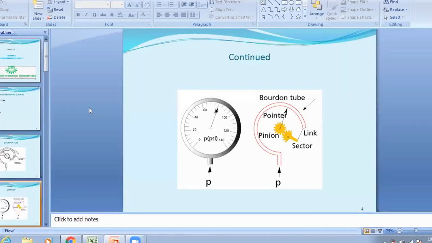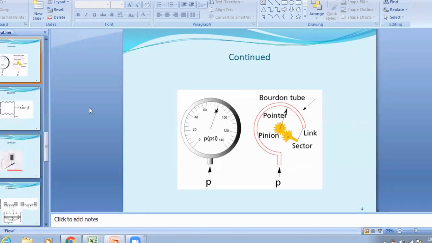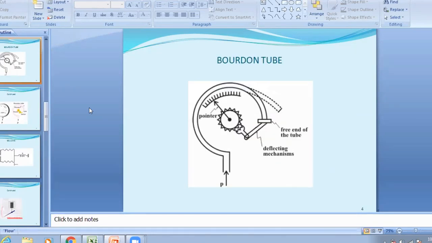Fine. So next is another elastic type of pressure sensing element. But first, what is the disadvantage of the Bourdon tube? I have already said that the displacement or deformation is very slow. The movement of this moving end is very slow. That's why the deflecting mechanism is required to amplify it.